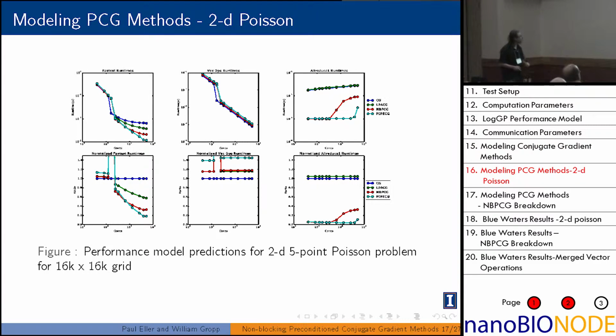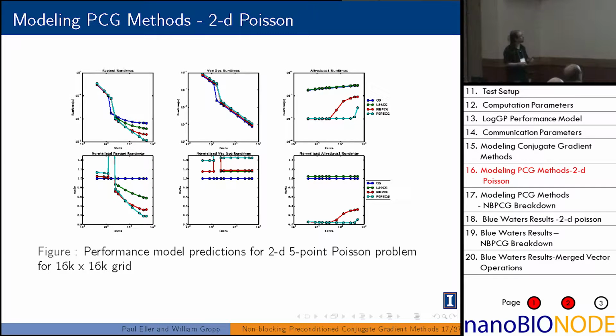So now I have some model predictions. Basically, the graphs on the top show the predicted runtimes. The graphs on the bottom show the ratio between standard PCG and the other variations. We can in general see that it predicts there's going to be some improvement as we increase the core count.